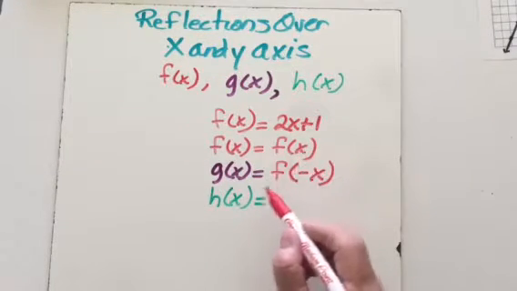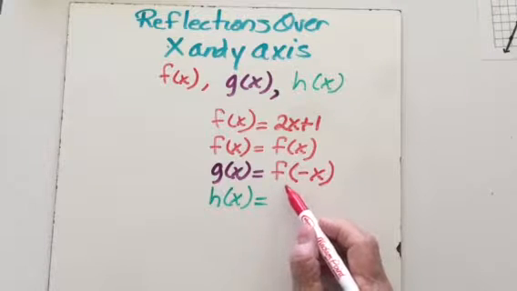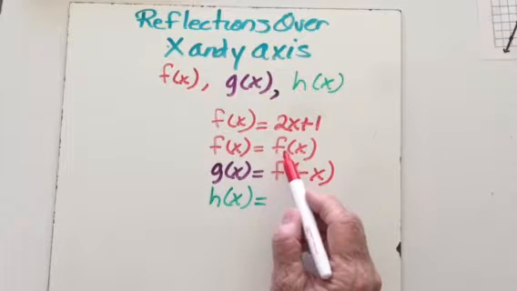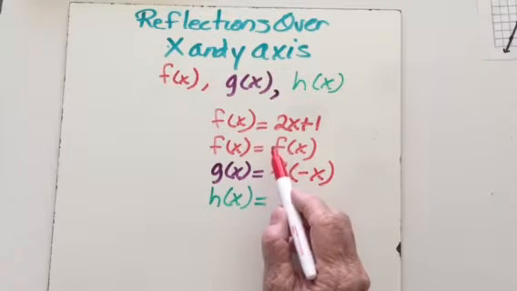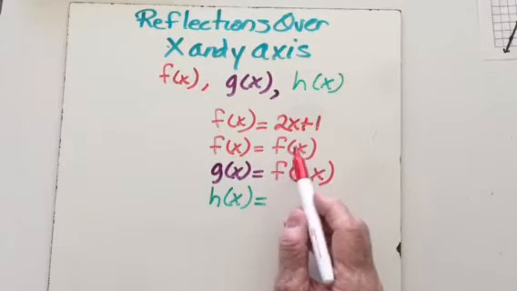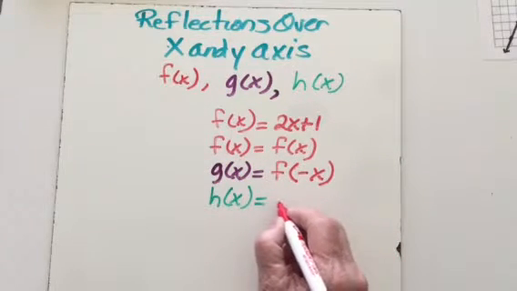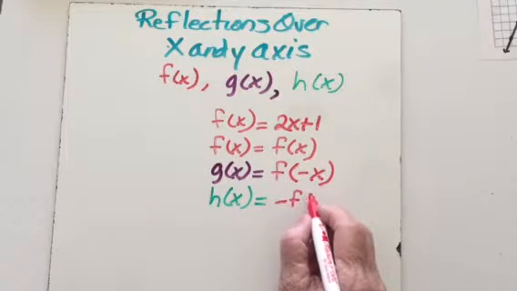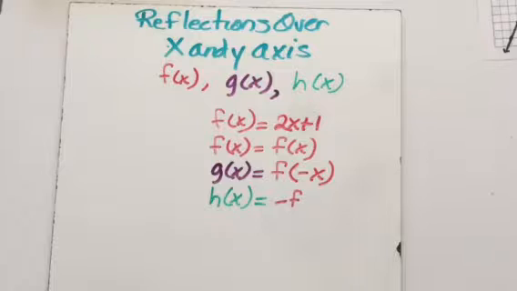Remember, my y numbers have to change. So in order to do this, do you remember in the equation, we had to change the slope and the y-intercept? Both things changed. So I'm going to say negative f of x. Negative f of x.